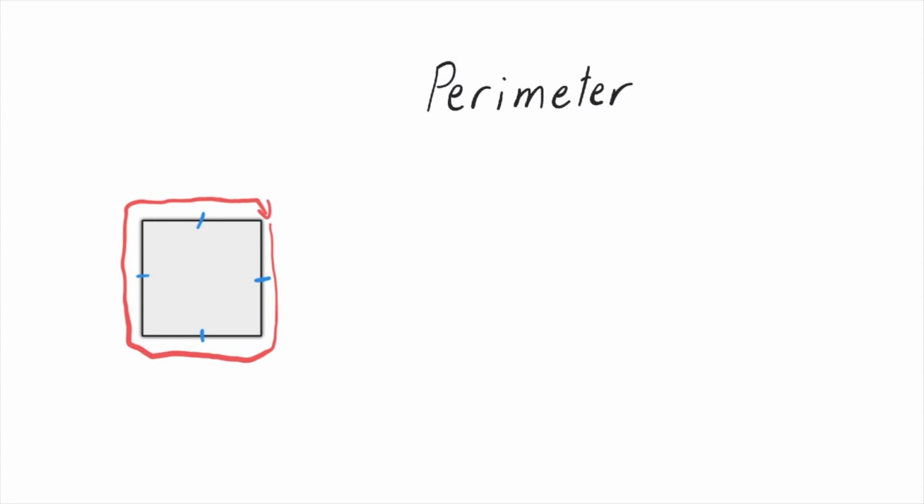They're going to finish right where they started. That's perimeter. It is the distance all the way around the outside. So for a square, it will be the distance around all four sides.